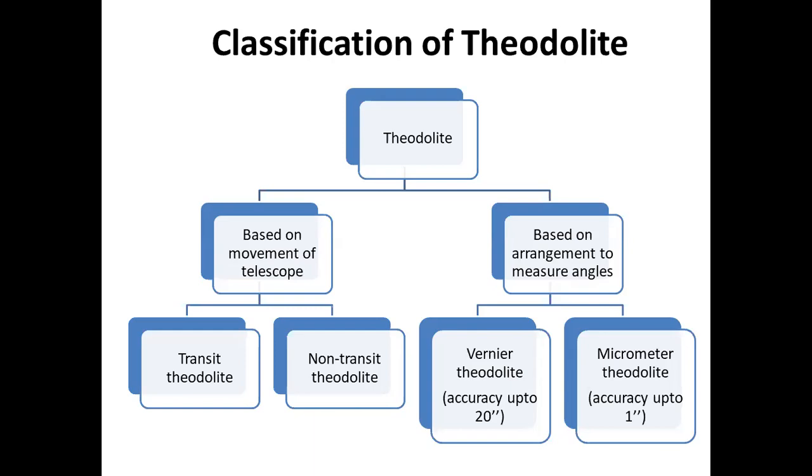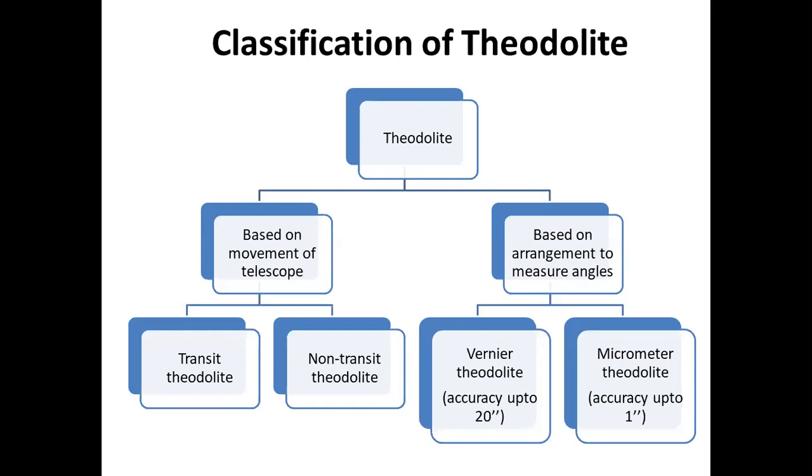Micrometer theodolite is also called precise optical theodolite, right? So vernier theodolites are used for taking the readings. These theodolites are most commonly used in general work. Most of the vernier theodolites can read angle up to 20 seconds. And the precise optical theodolite or micrometer theodolite has accuracy up to 1 second.